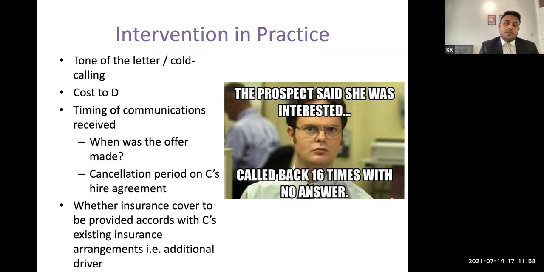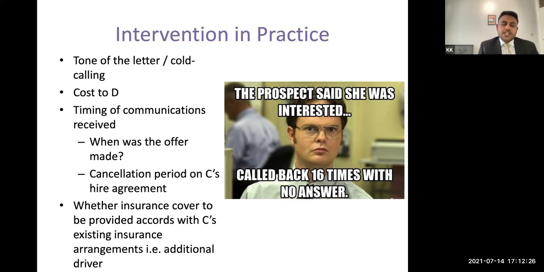Both constitutions of the Court of Appeal in Copley and in Sayce were very critical of the practice of cold calling, because these calls, as is by definition with cold calls, come out of the blue, and effectively provide an information overload to a claimant and expect them to recall that information.